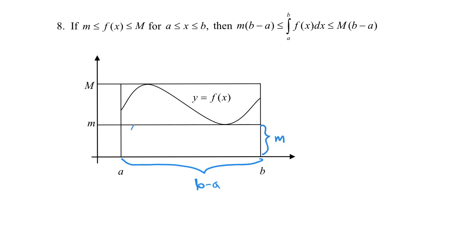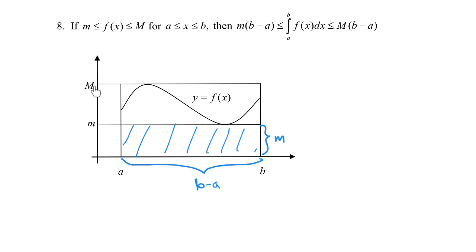So this area right here is little m times b minus a. So this area is less than or equal to the area underneath this curve, which we can see is true. And the area underneath this curve is less than or equal to big M times b minus a.